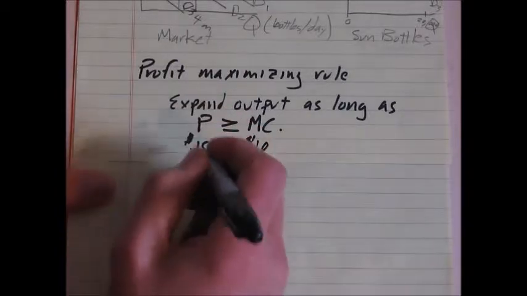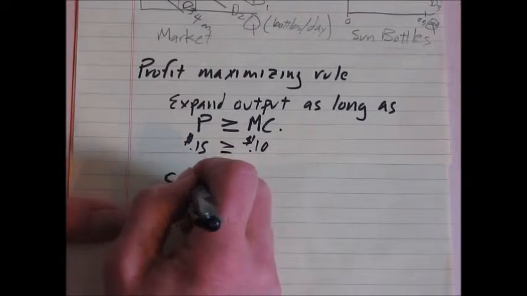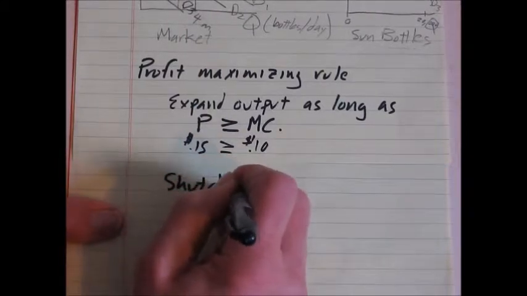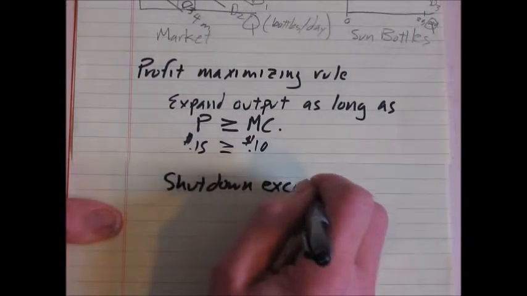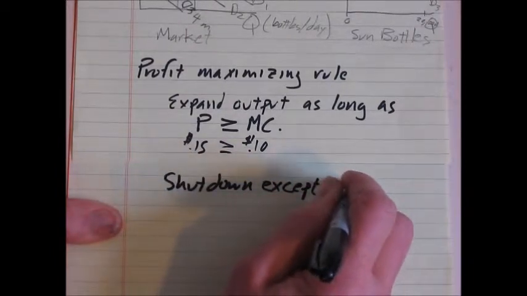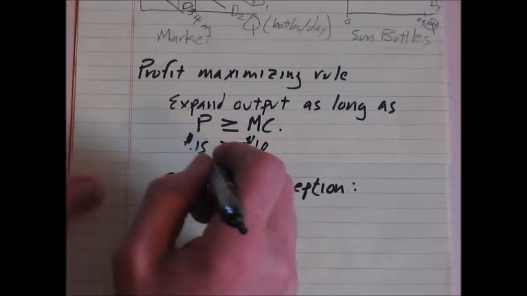We could call it the shutdown exception. And the shutdown exception says that you ought to do what the profit maximizing rule says unless price falls so low that it is below the minimum of the average variable cost curve.